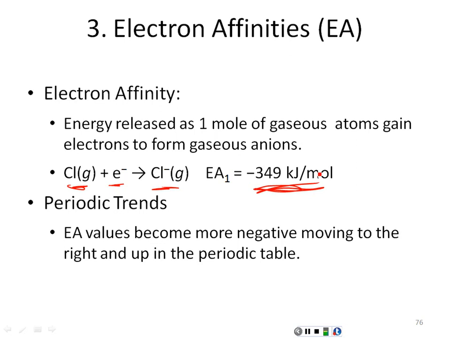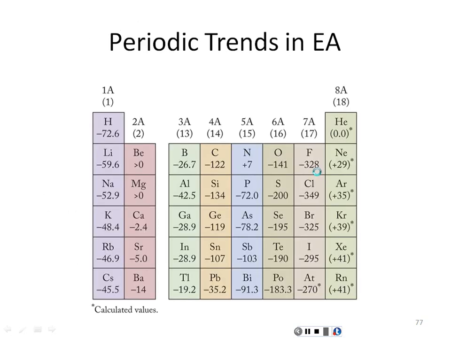So what are the periodic trends with electron affinities? Well, they tend to be more negative as you move across a row and up a group.